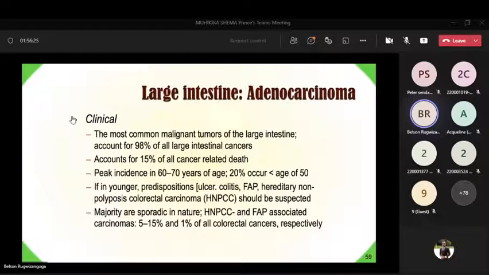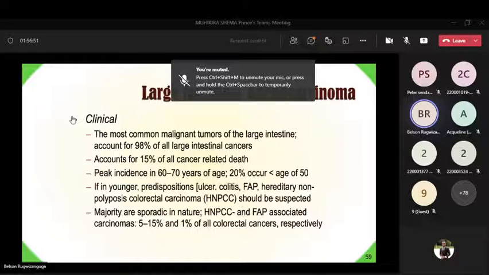The peak incidence is 60 to 80 years of age, but 20% occur at an age of less than 50 years. But these are global data worldwide. In Rwanda, it will be different because I think even more than 20% of the patients are below 35 years of age, according to the data I mentioned from South Africa.